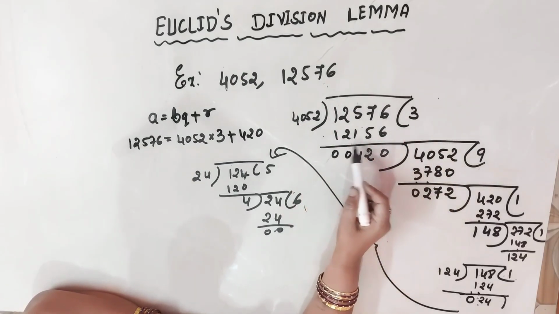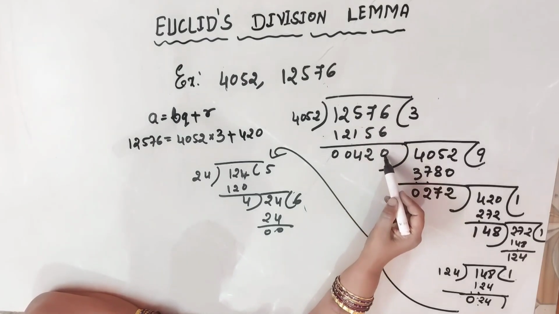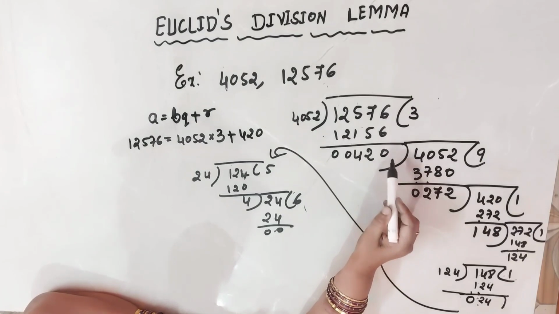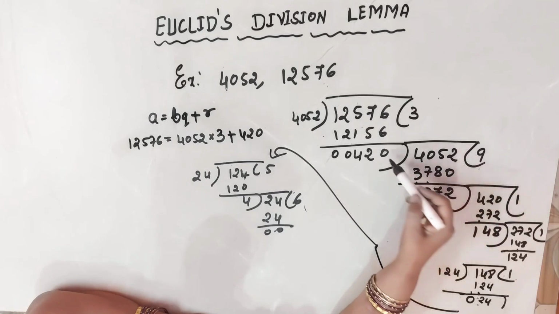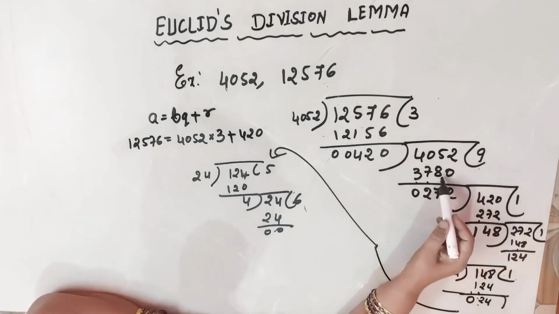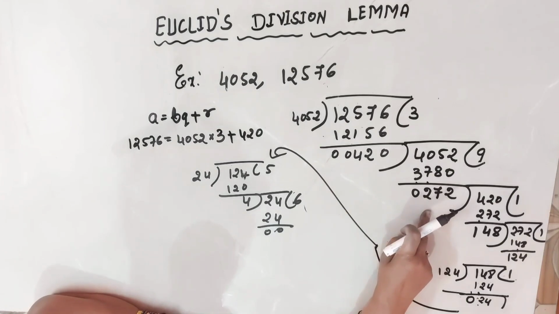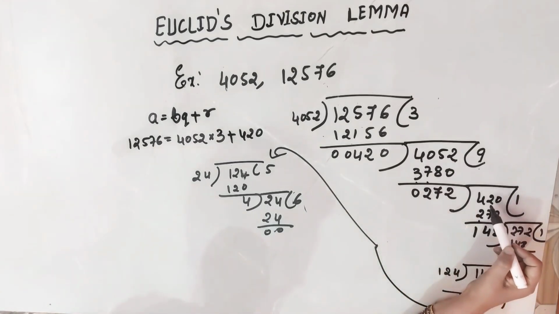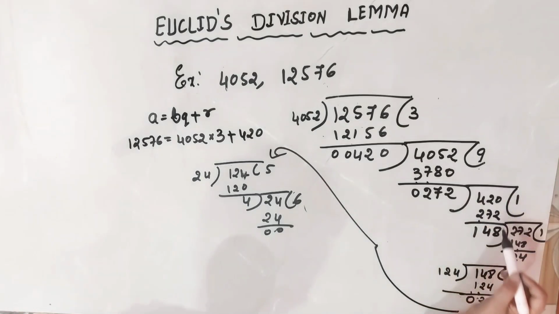4052 threes are 12,156. So on subtraction we get the remainder as 420. Now this remainder will become the divisor and 4052 is the dividend. 420 nines are 3780. So what will be the remainder now? 272 will be the remainder. Now this remainder will become the divisor for the dividend 420. 272 ones are 272 and what will be the remainder? 148.